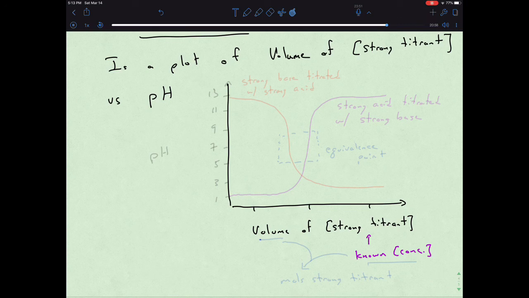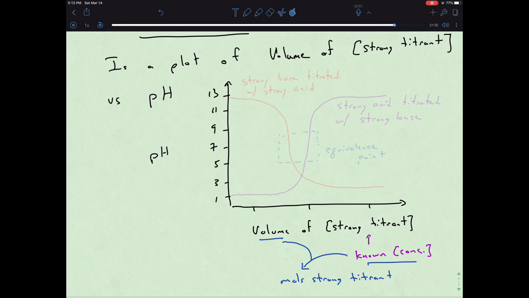Bringing both of those two ideas together. And then on the y-axis, we have pH. And then we can have different plots as far as that's concerned.